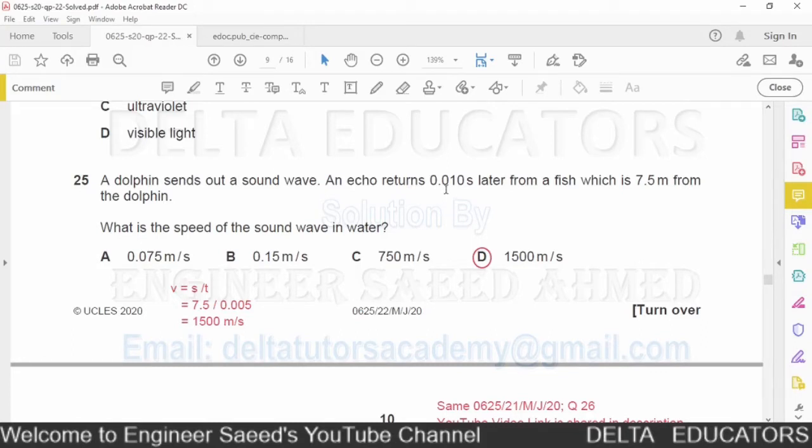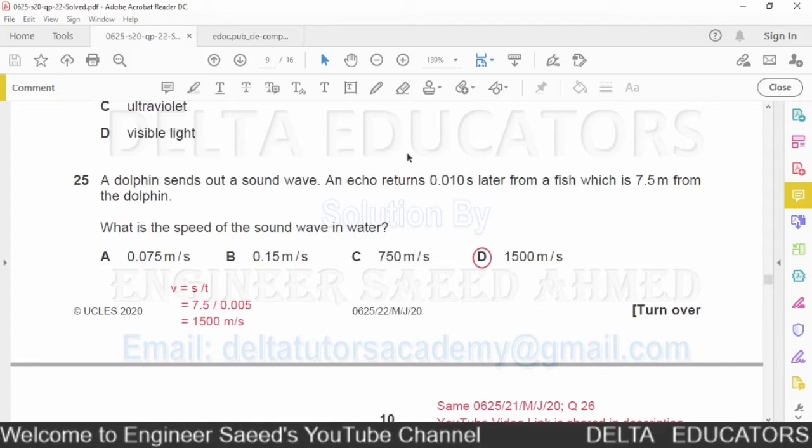Echo means the dolphin sends out a sound wave. So the sound starts from the dolphin, strikes the fish and returns back to the dolphin, and the time taken to complete this distance is 0.010 second. But here we need the time taken by the sound wave to travel from the dolphin to the fish.